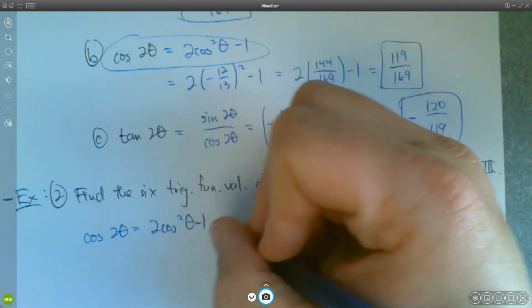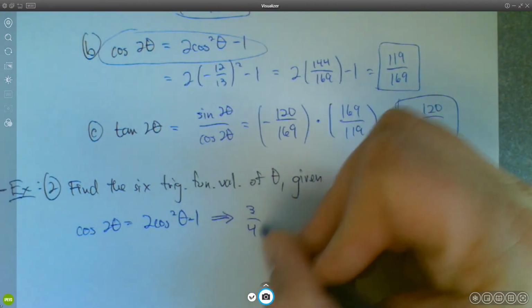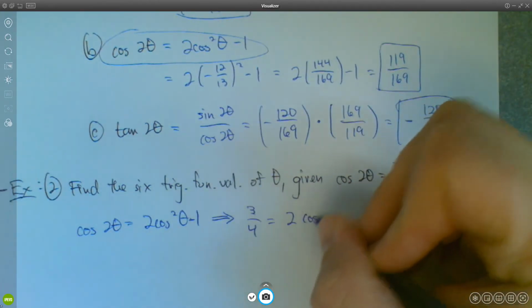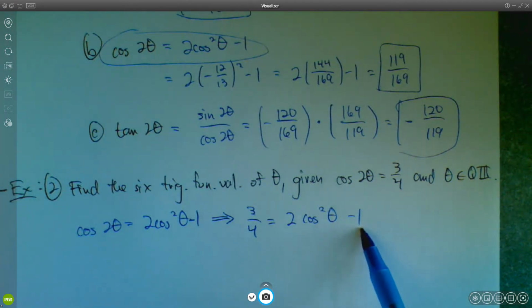Well, that implies that 3/4 equals 2 cosine squared theta minus 1, since cosine 2 theta is 3/4. And then I can solve for cosine theta. If I add 1, 1 is 4/4, so if I add 1 I get 7/4, right?